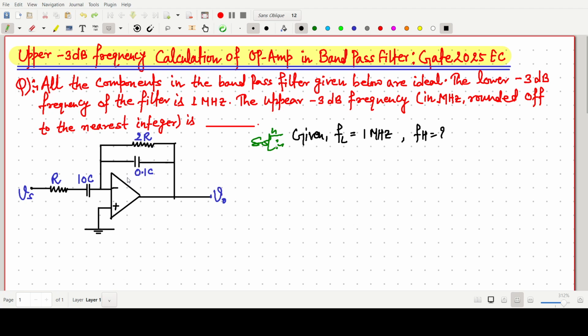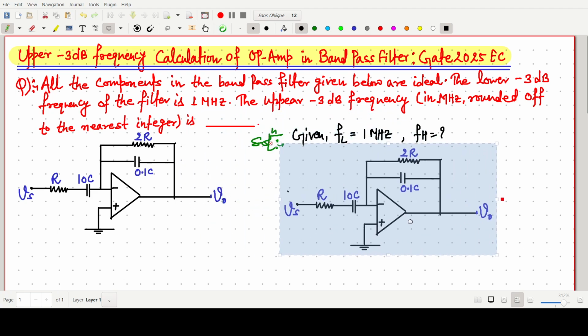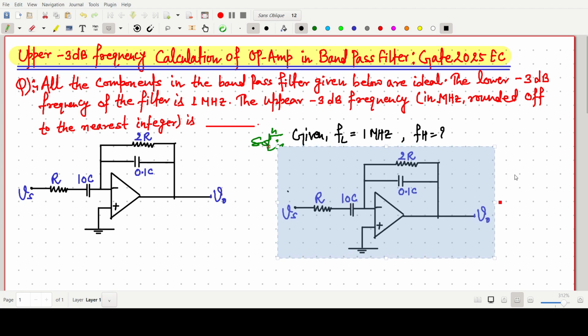Once again I am redrawing the circuit and doing one modification for easy calculation. I am removing all the R and C values and simply denoting them as R1 C1 and R2 C2, just for simplification.